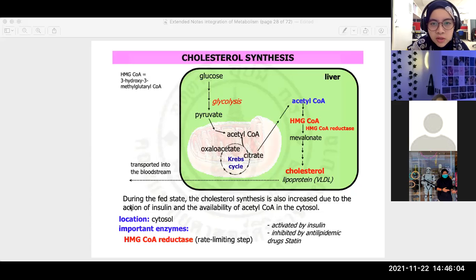If the cholesterol level is depleted, this is the time our body will use what we have taken from our meal to build cholesterol. Similarly, cholesterol synthesis takes place in the cytosol, and the important enzyme is HMG-CoA reductase. This is activated by insulin, because insulin is the main hormone here in the fed state, and inhibited by drugs, for example statins, the anti-cholesterol drugs.